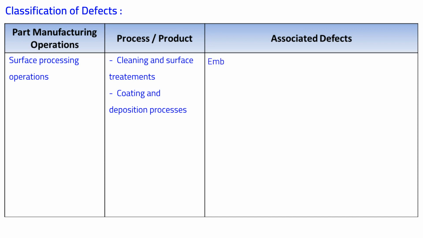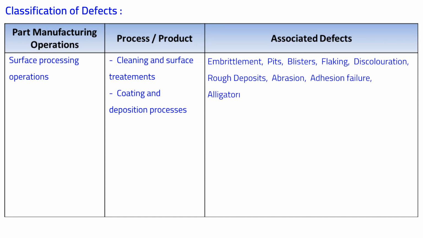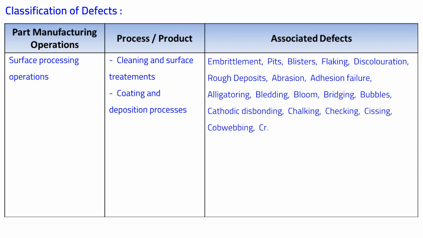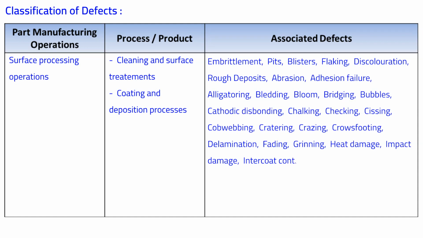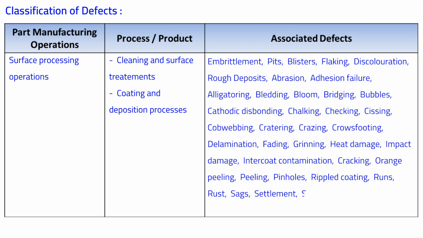Defects associated with these processes are embrittlement, pits, blisters, flaking, discoloration, rough deposits, abrasion, adhesion failure, alligatoring, bleeding, bloom, bridging, bubbles, cathodic disbonding, chalking, checking, sissing, cobwebbing, cratering, crizzing, crossfooting, delamination, fading, grinning, heat damage, impact damage, intercoat contamination, cracking, orange peeling, peeling, pinholes, rippled coating, runs, rust, sags, settlement, skinning, solvent lifting, solvent popping, staining, undercutting, wrinkling, etc.